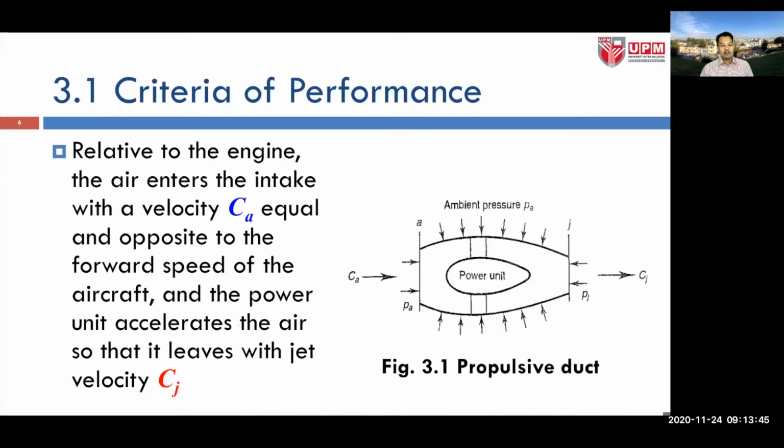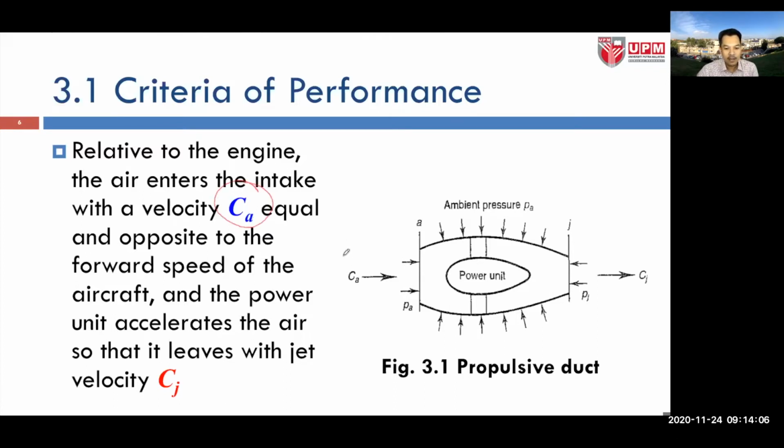In terms of the criteria of performance, if we look here at figure 3.1, a typical propulsive duct, relative to the engine, the air enters the intake with a velocity of Ca.